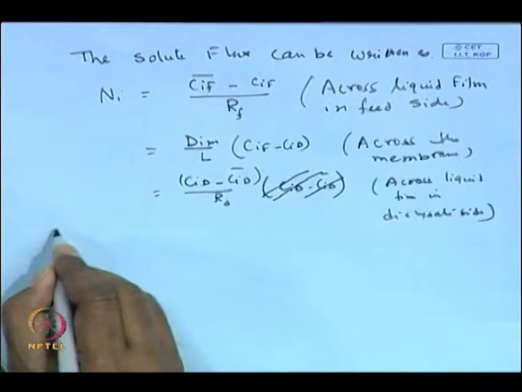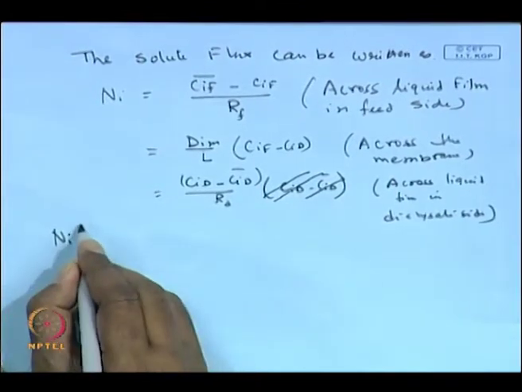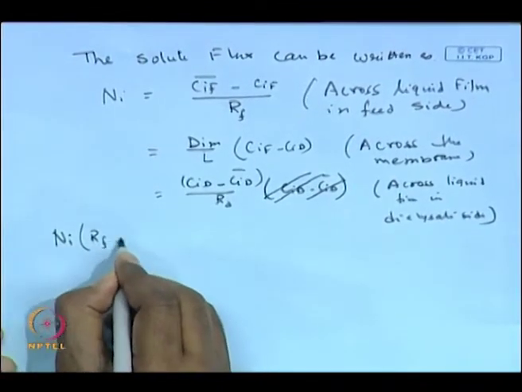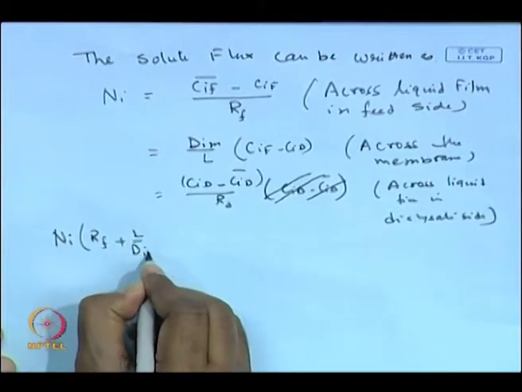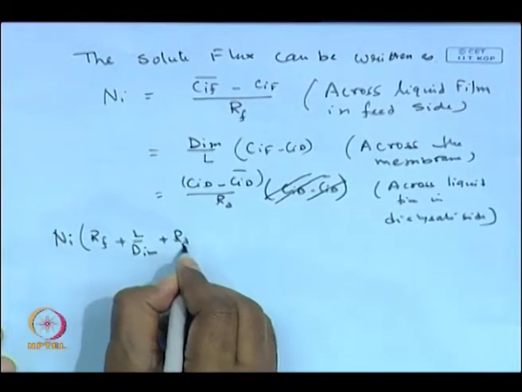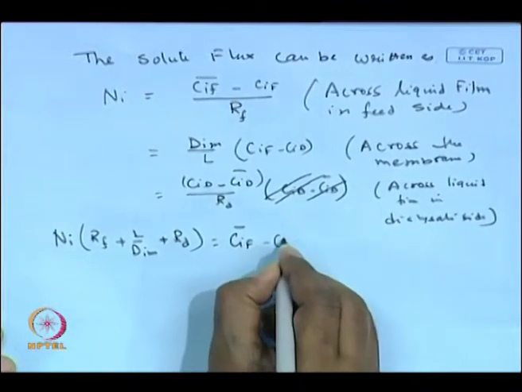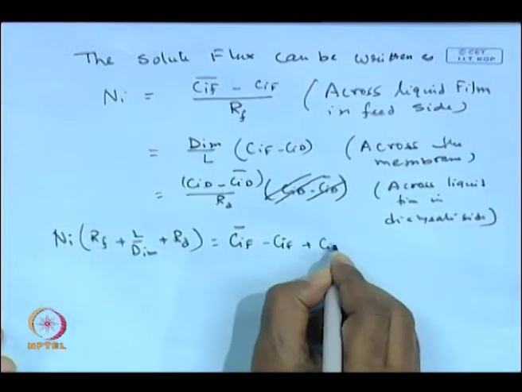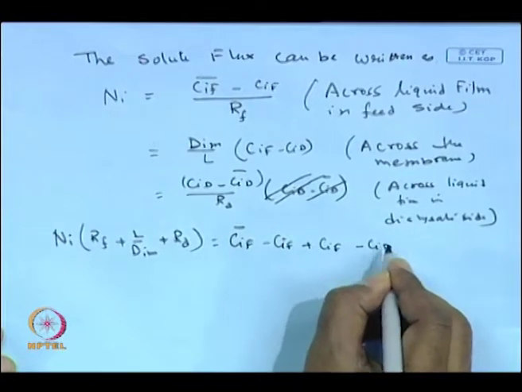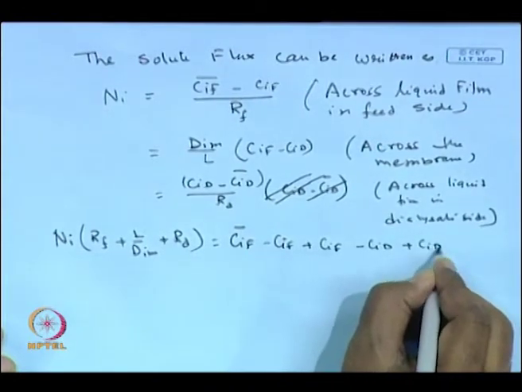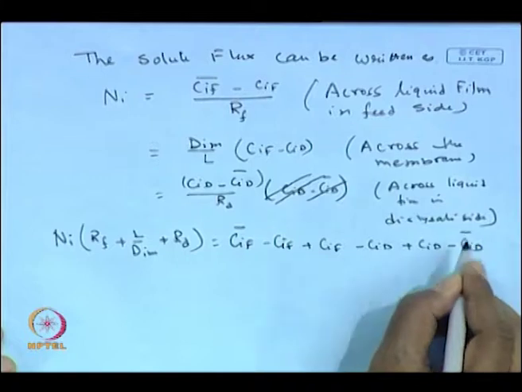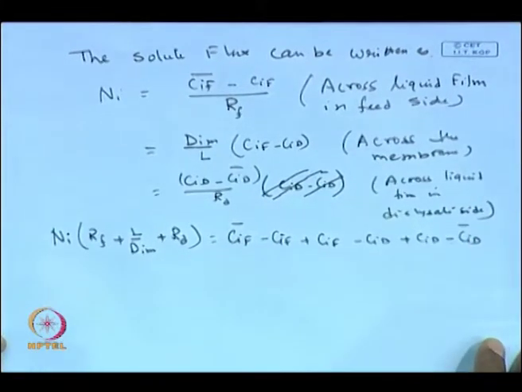If you do that, what we get is Ni multiplied by Rf plus L by Dim plus Rd is equal to Cif bar minus Cif plus Cif minus Cid plus Cid minus Cid bar. I just add all the three equations up.